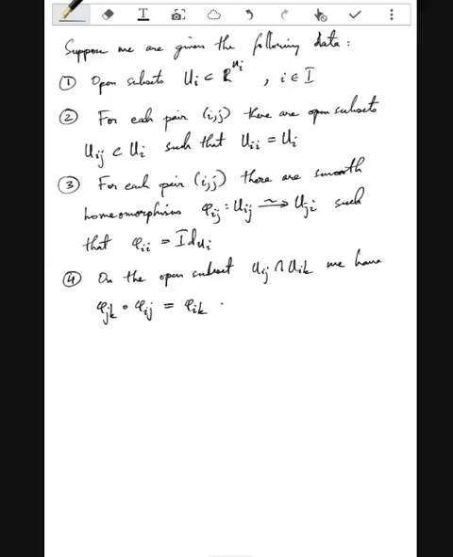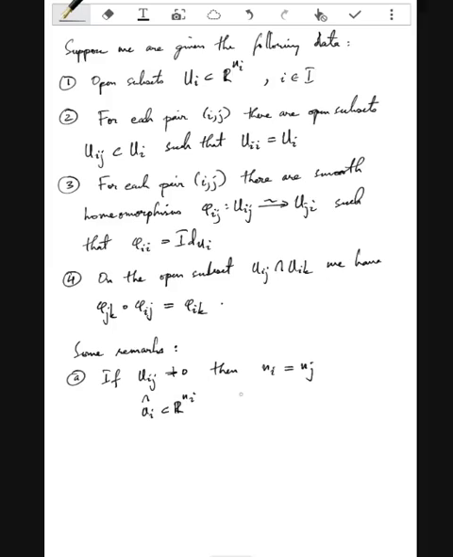So if we have this data, let us make a few remarks. A: if U_ij is not empty, then n_i is equal to n_j. Here the U_ij's were contained in U_i's, and the U_i's in turn are contained in R^{n_i}.